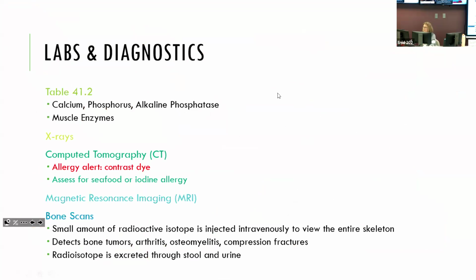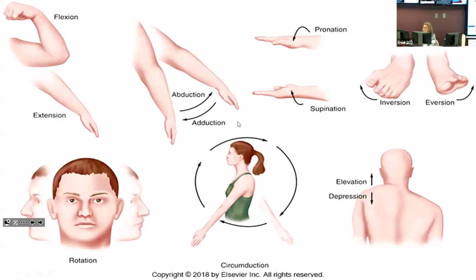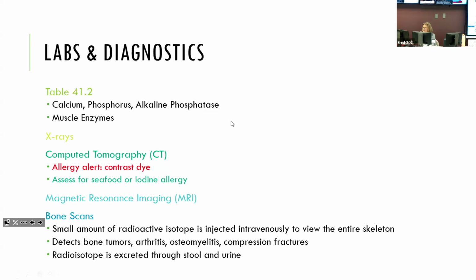All right, different labs that you would assess for bone function: your calcium, phosphorus, alkaline phosphatase, and muscle enzymes. Then for x-rays, if they had a CT scan, you would make sure that they weren't allergic to contrast or iodine or seafood.